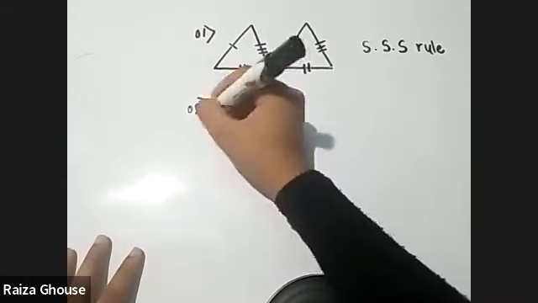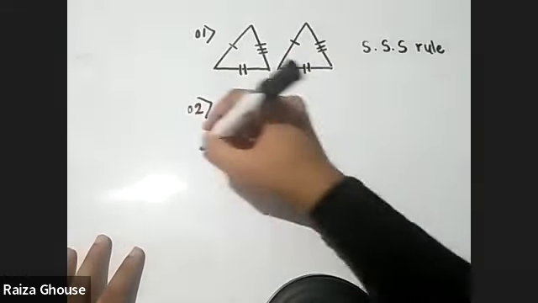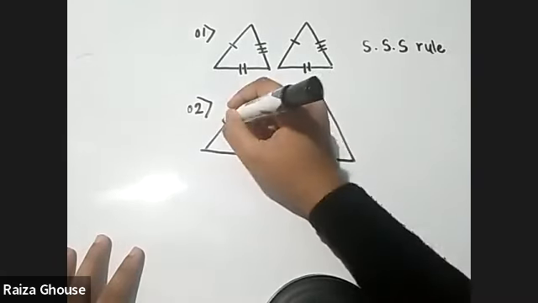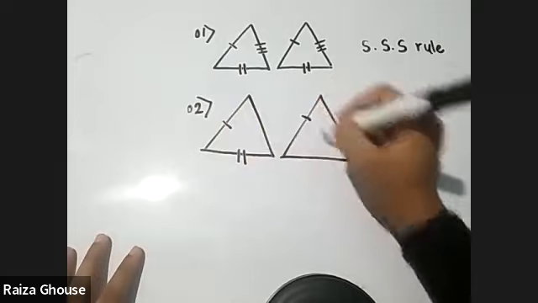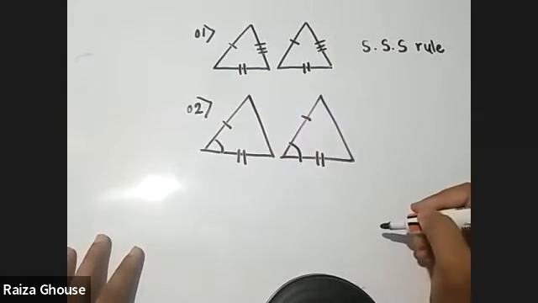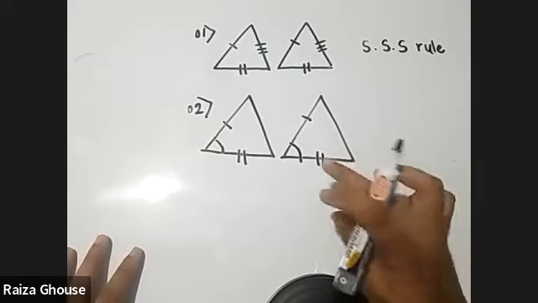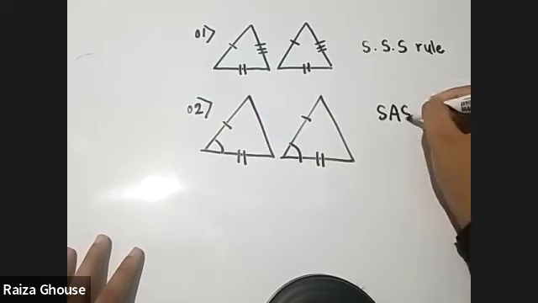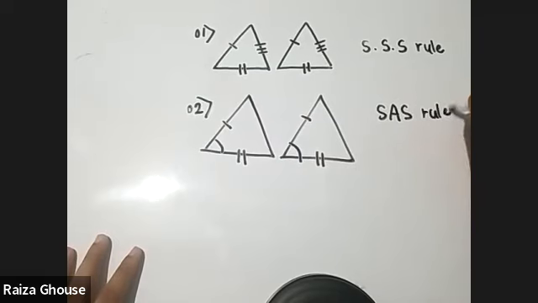The second congruency rule is if we have 2 triangles and we are considering the congruency under 2 sides and 1 angle. Under the rule of 2 sides and 1 angle, we call this the SAS rule. That means side, angle, side.